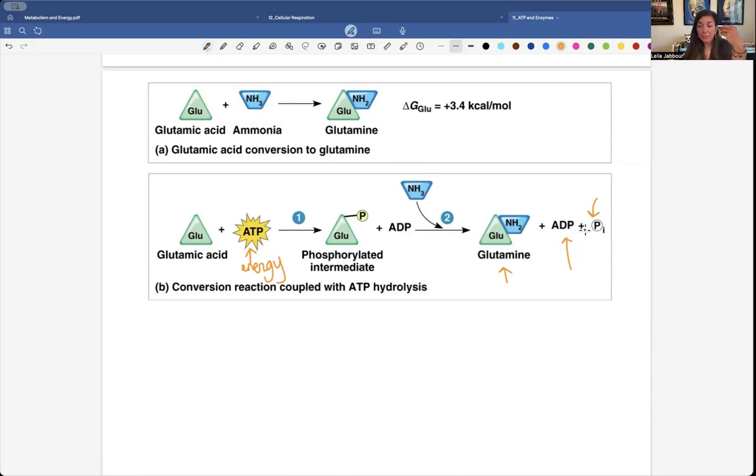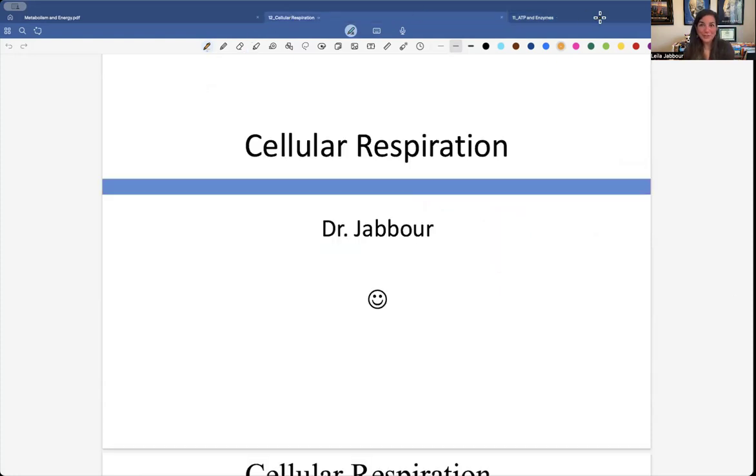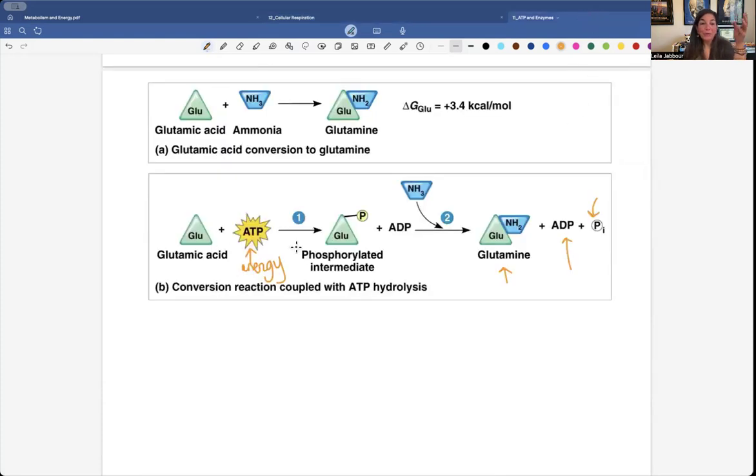So this ADP plus phosphate will end up being regenerated, and ATP will be reformed. And this is part of actually the discussion in the next lecture, which is cellular respiration, how the cell makes ATP. But right now we have ATP and we need to use it up. And this is the example of how we use up ATP.